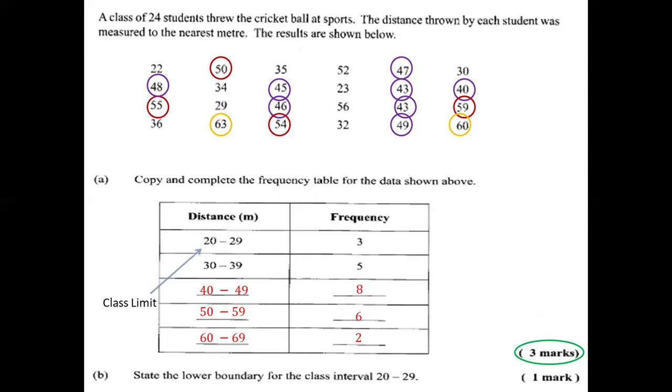Now, this here, 20 to 29, our first class, the numbers that you're seeing, they're called class limits. So 20 is the lower limit and 29 is the upper limit, but they're asking us for the class boundary. Now for this, class boundary is just the midpoint between the classes.